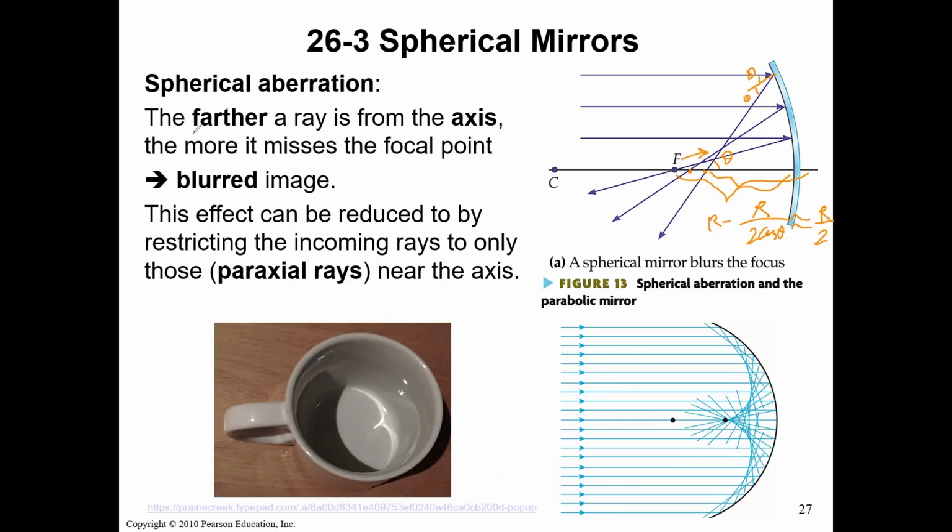Okay, in other words, if the ray is further away from the axis, it will make a larger angle with the mirror, and then it will miss the focal point more. The point where the reflected light crosses the principal axis gets closer and closer to the mirror. So this tells us it will give us a blurred focus.